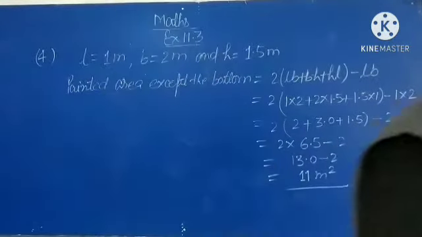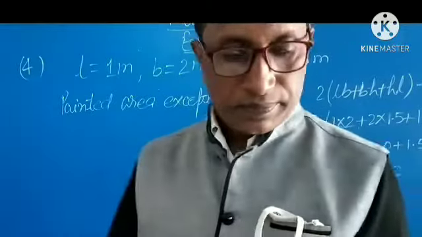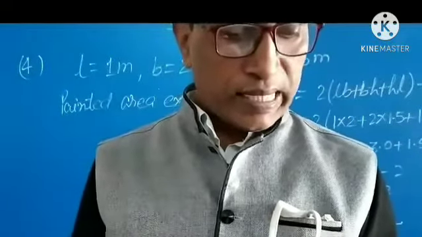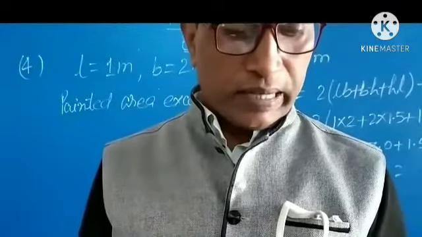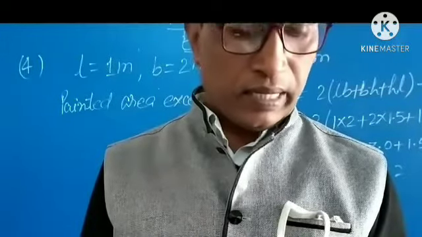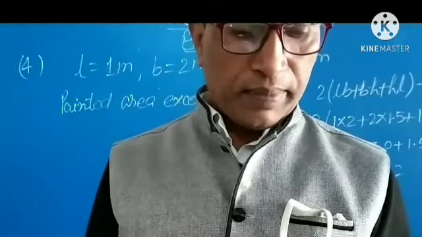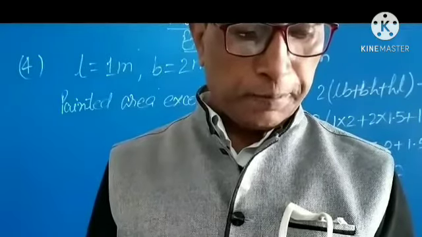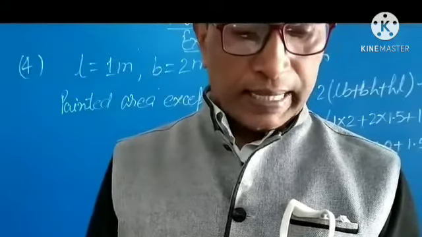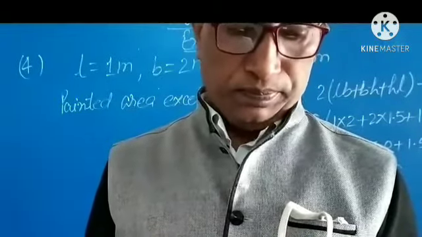Okay. Question 5, that is Daniel is painting the walls and ceiling of a cuboidal hall with length, breadth and height of 15 meter, 10 meter and 7 meter respectively. From each can of paint 100 meter square of area is painted. How many cans of paint will she need to paint the room?